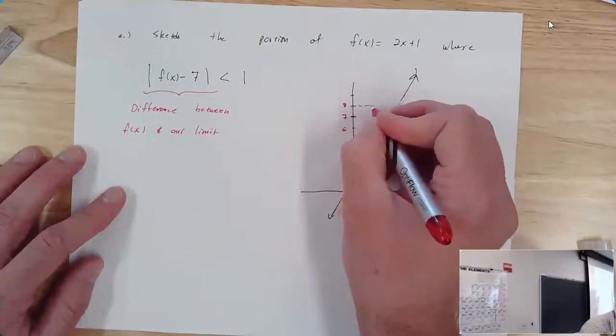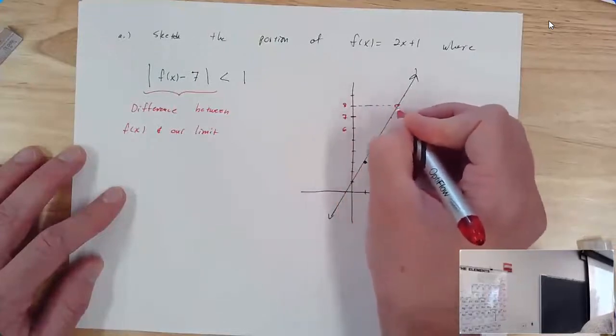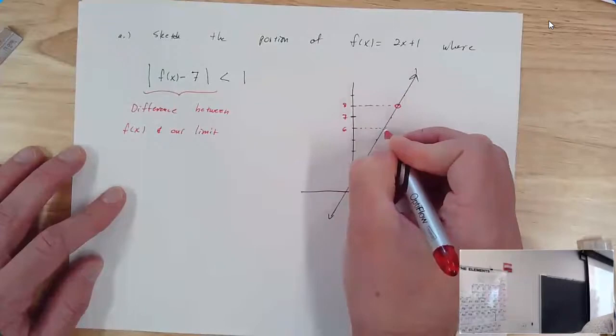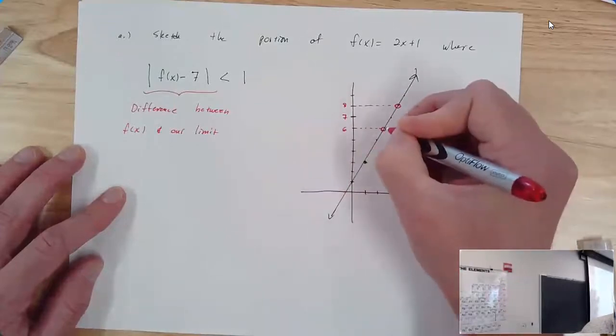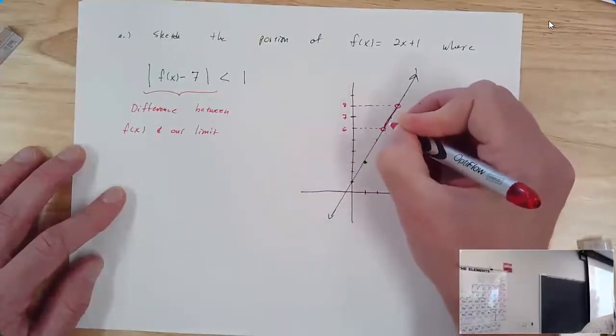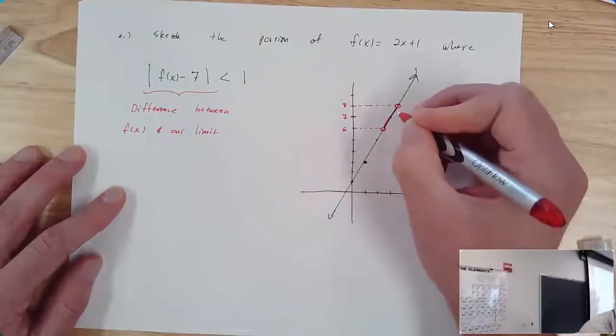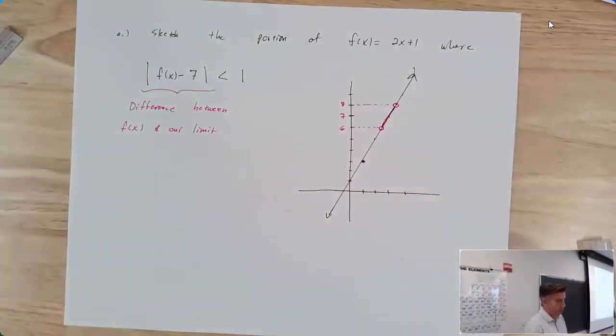So I really only want this portion of the function. That's the part of the function where the difference between the function and its limit, 7, is less than 1.